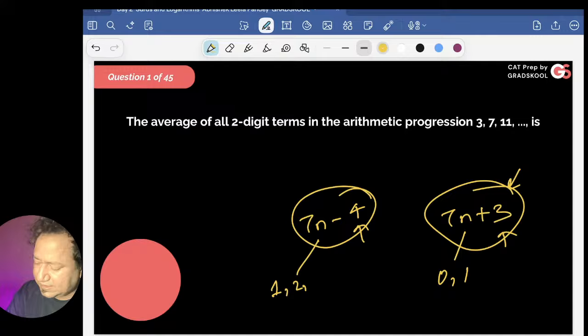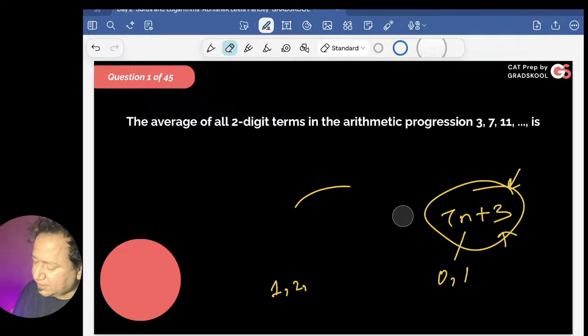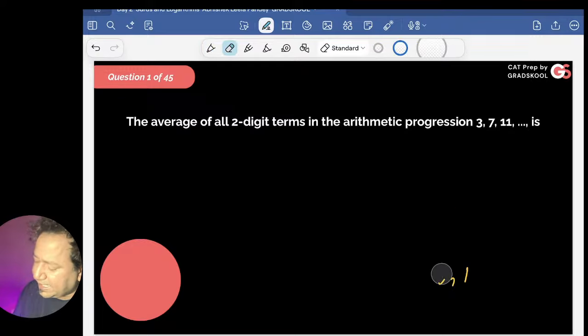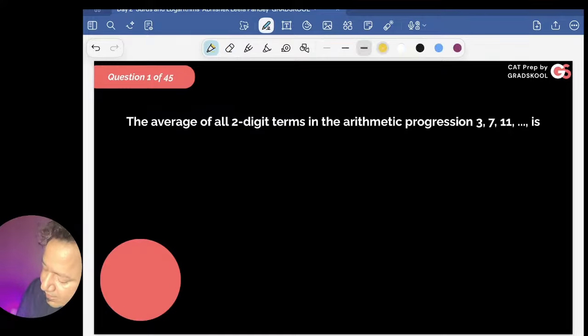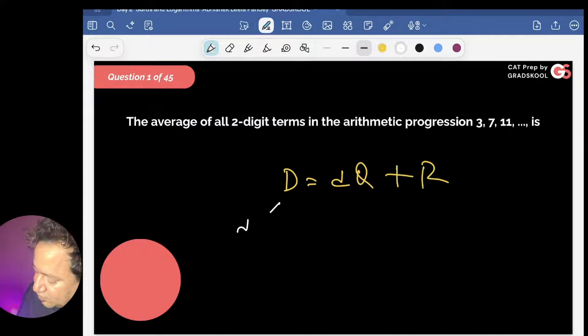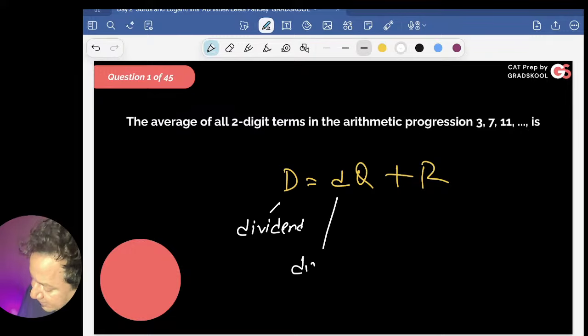Moreover, there's one more very important formulation of writing any number, that is capital D is equal to small d multiplied by Q plus R, where capital D is the dividend which has to be divided, small d is the divisor which will divide, and Q is the quotient.